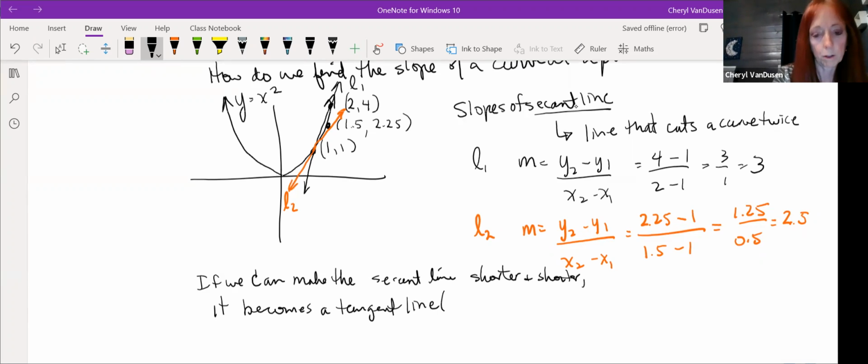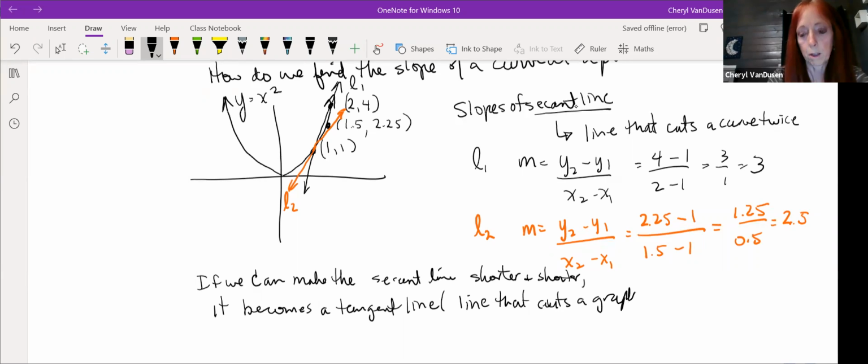Now again, if this is your first exposure to this, a tangent line is a line that cuts a graph once. So if we can do that.